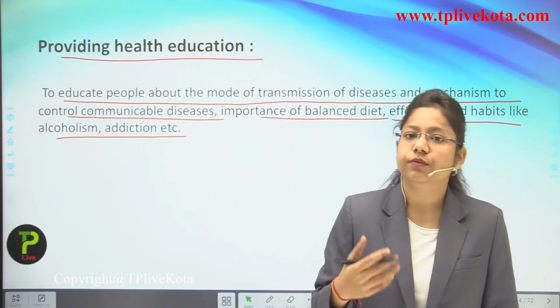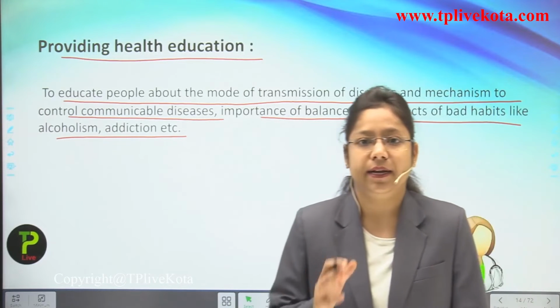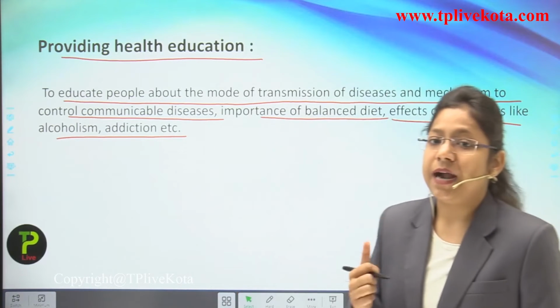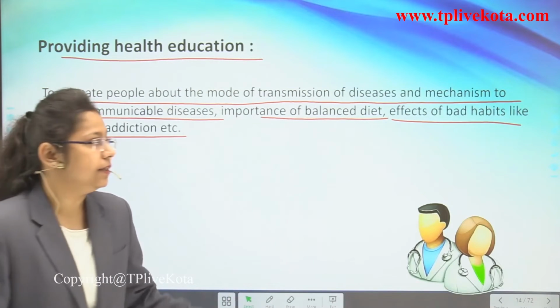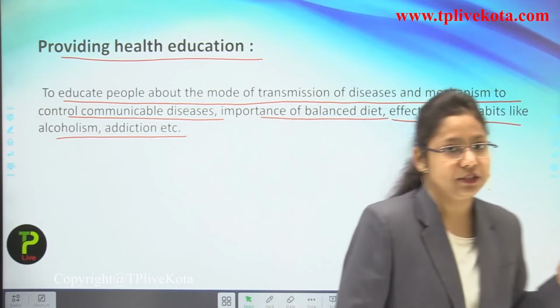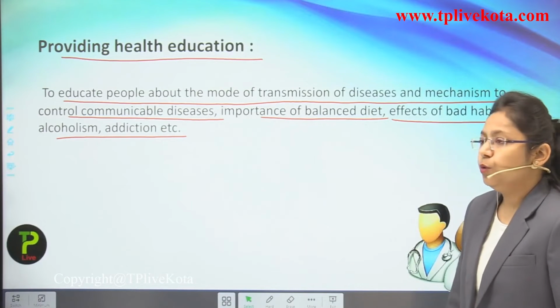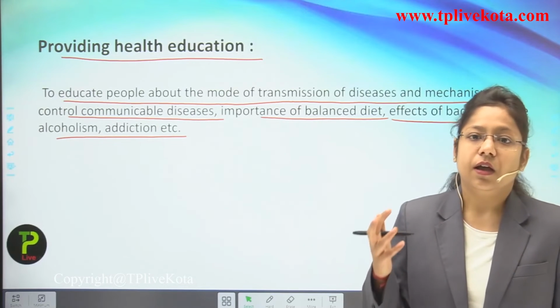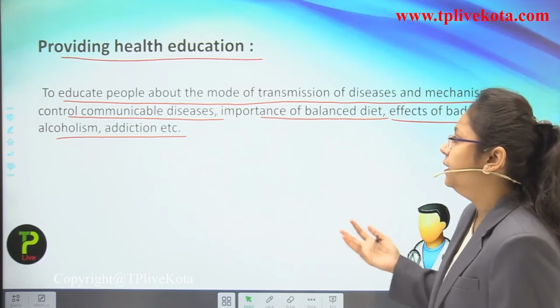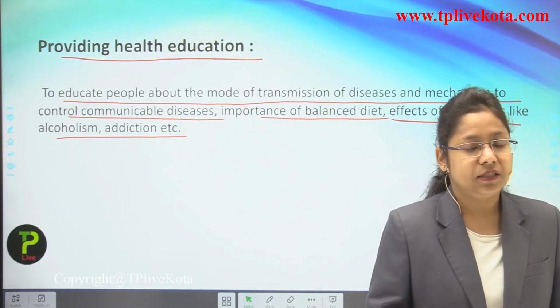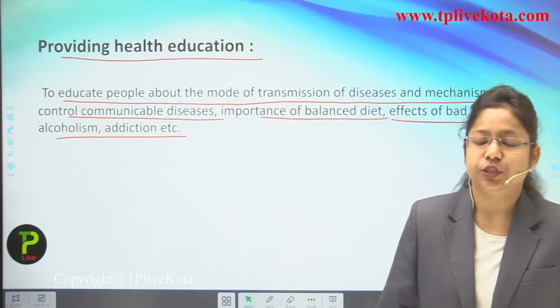Okay, the working of the immune system will get reduced if they are addicted to these kind of bad habits. Okay, so we should educate the people against this thing, that they should take proper sanitation facilities. Okay, the mode of transmission of the diseases is what we should educate them about. And next, what are the communicable diseases and what type of preventive measures we should take.